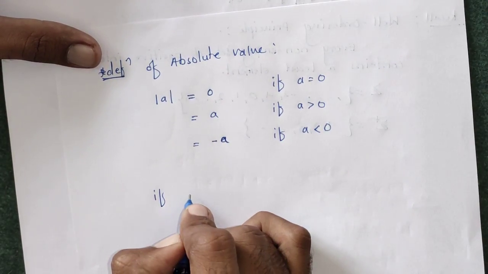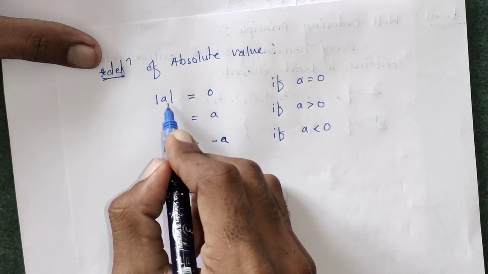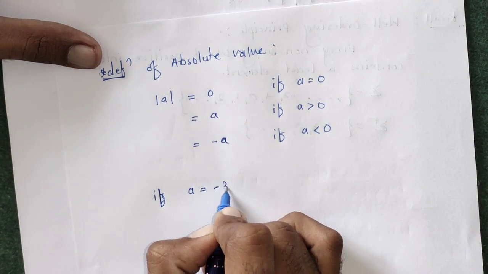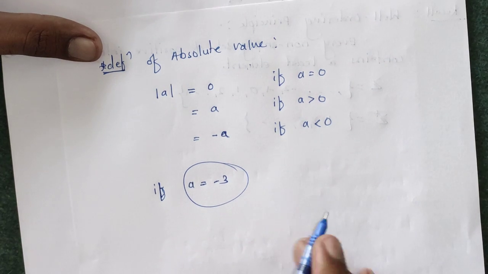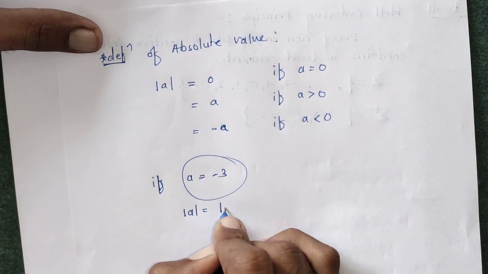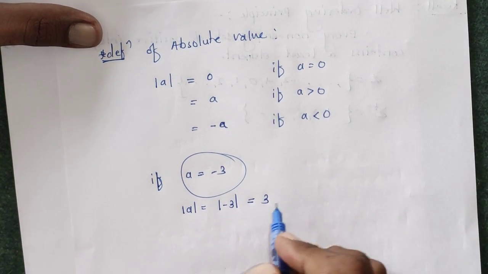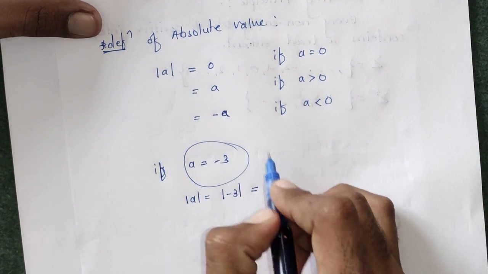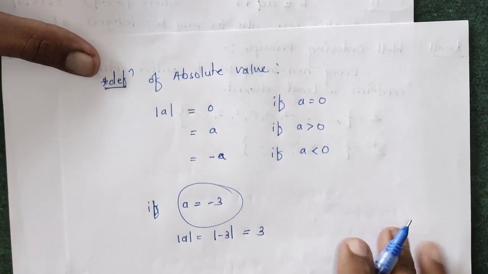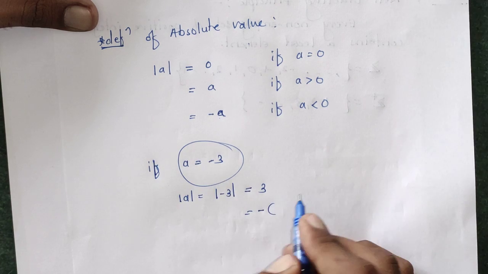For the third case, for example, if a is equal to minus 3, that is a negative number, then mod of a, which is mod of minus 3, is 3. This 3 is taken from the third case, minus of minus a, where a is minus 3.